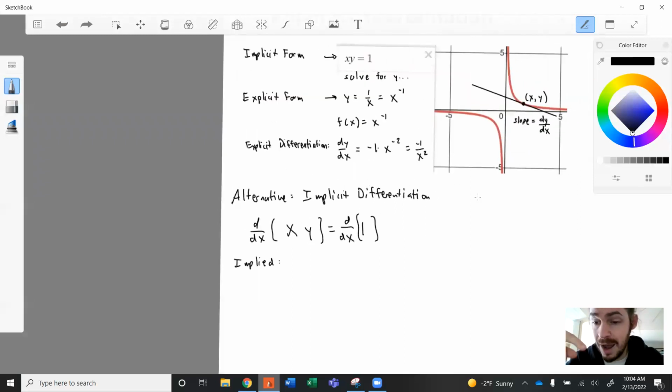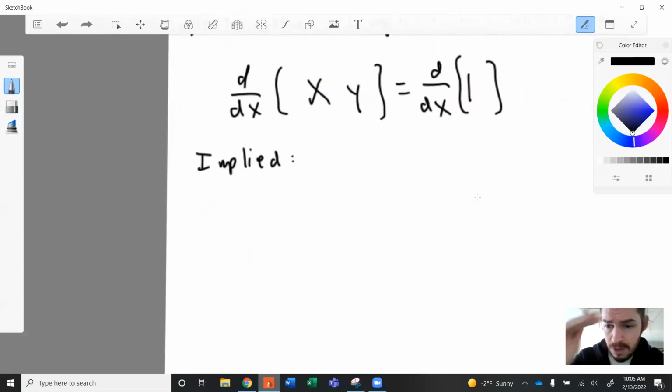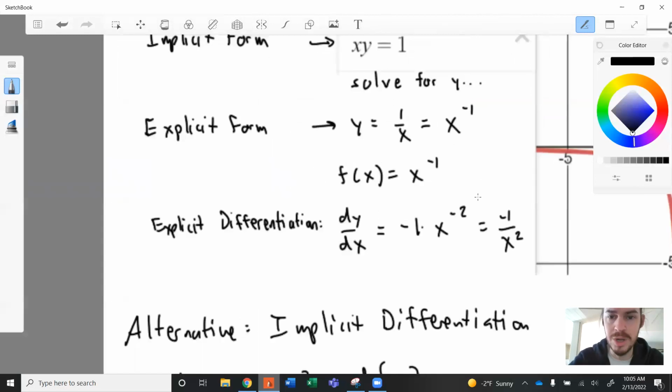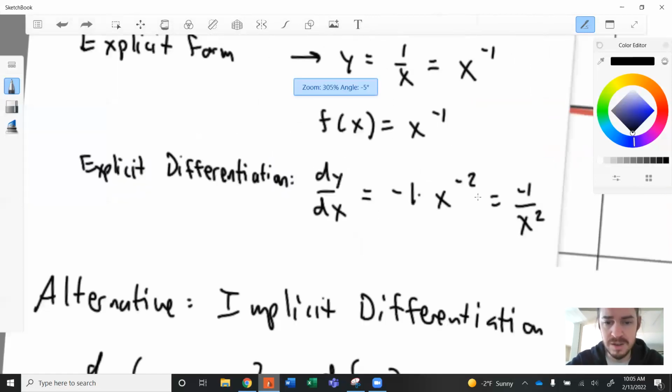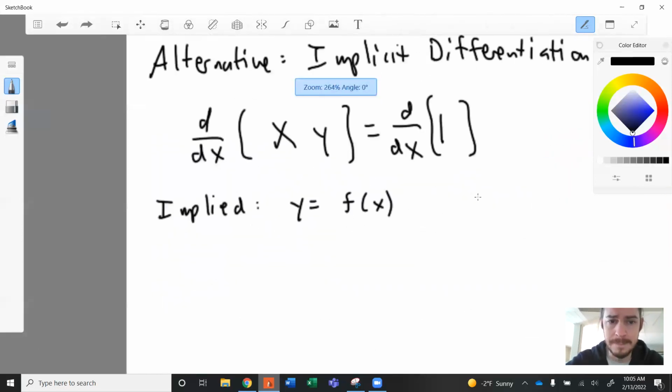We want to think of y as a function of x. y depends on x, except that's not explicit in this equation, right? So we want to think of this idea as implied. All the time we should be thinking y equals some function of x. We don't have a formula for that function explicitly, or at least, obviously in this example we could have gotten one, but we haven't. Let's pretend we don't know that yet.